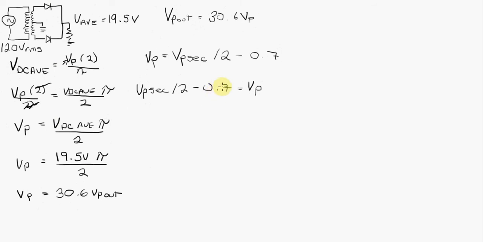We first add 0.7 to both sides, so V peak secondary divided by 2 equals V peak out plus 0.7. Now I want to get rid of the divided by 2, so I multiply by 2. So V peak secondary is equal to V peak out plus 0.7, times 2.